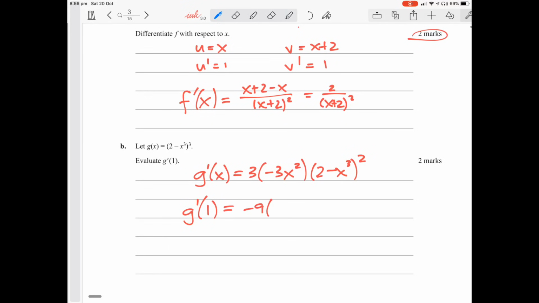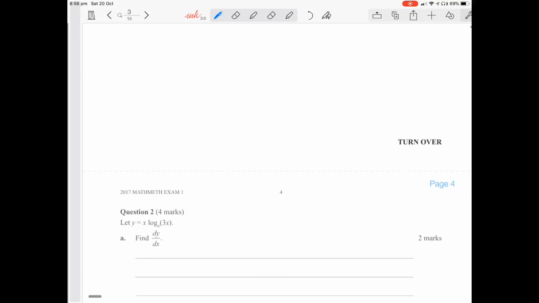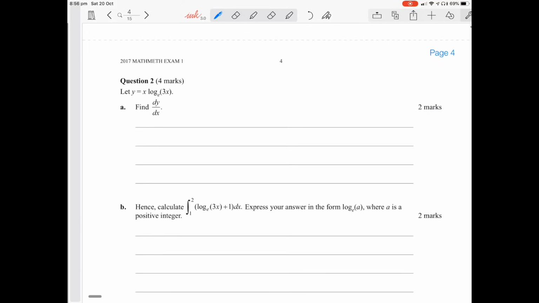So I get negative 9 times 1 squared, 2 minus 1 cubed, squared. Negative 9 times 1 times, 2 minus 1 is 1, squared is 1, so our answer is just negative 9. It's nice and easy to start off.